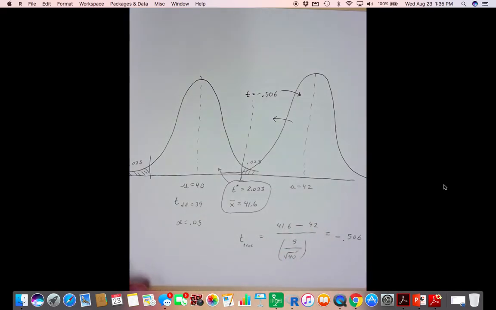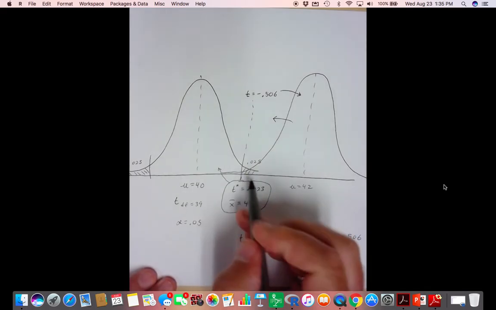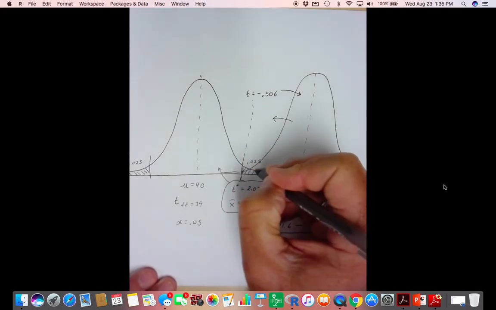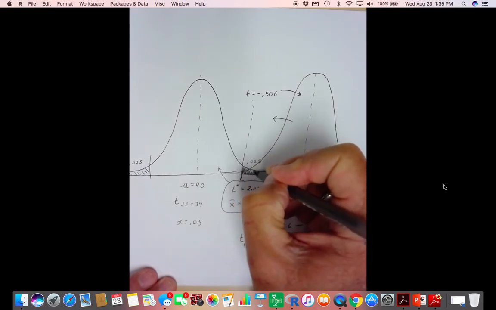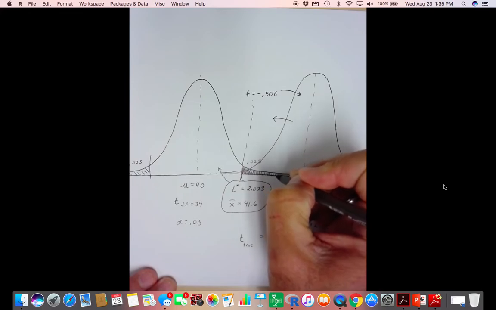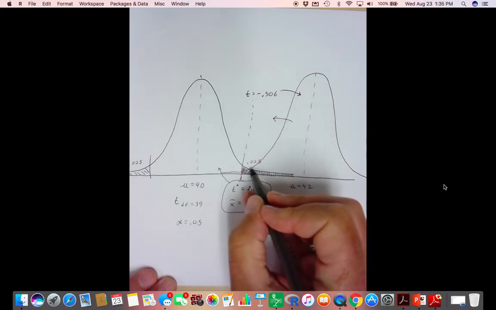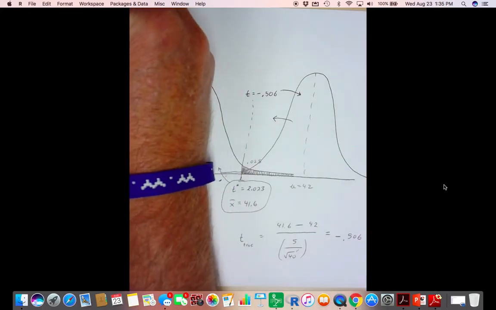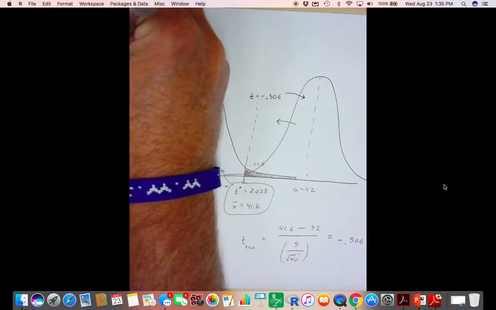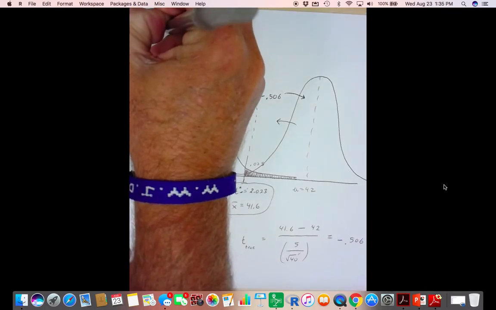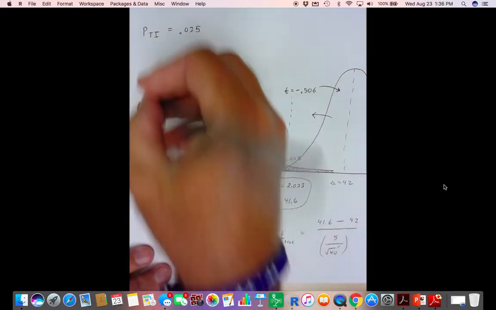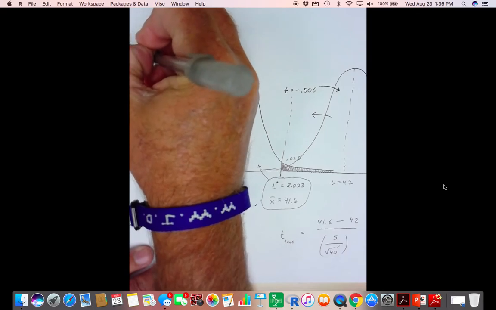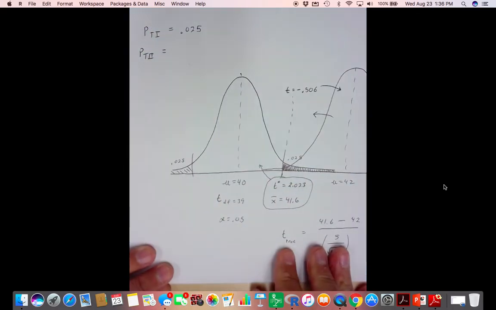For this distribution, all right, gang, what we got? We've got this part. This goes on out this way, right? So probability of committing a type 1 error is going to be that area, and we know that's 0.025. Now, what's the probability of committing a type 2 error?